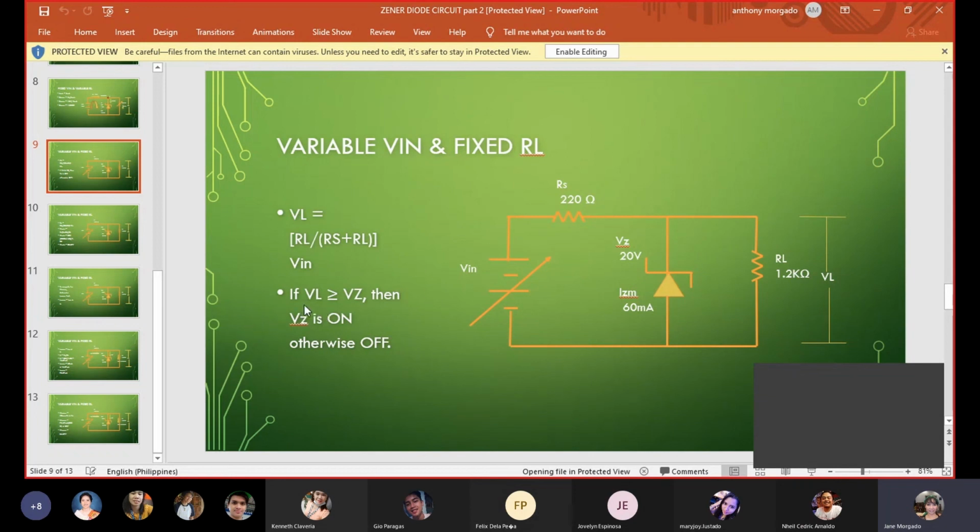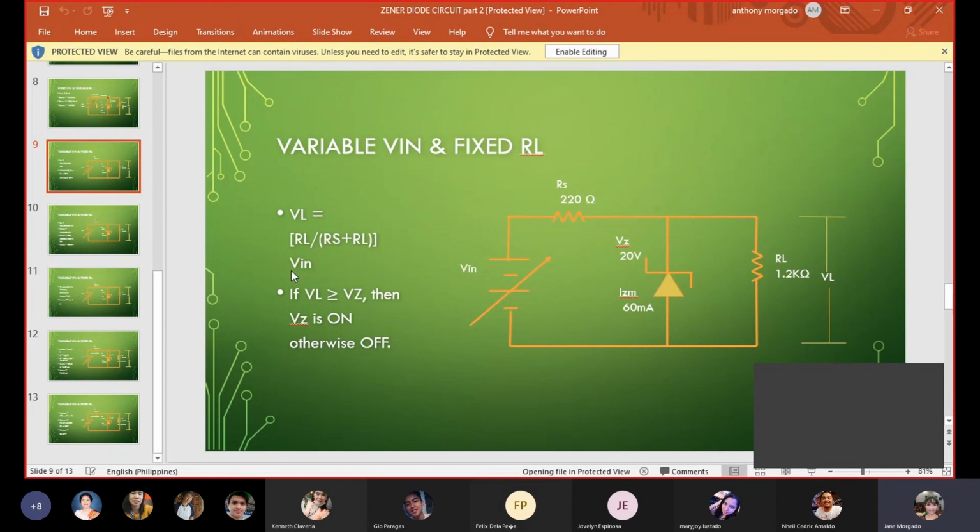We must still satisfy that VL, the voltage across RL, should be at least equal to VC to turn on. This time, we have VC of 20 volts, IZM of 60 milliamperes, RS of 220 ohms, and RL of 1.2K. So our VIN should be sufficient to turn on the VC.